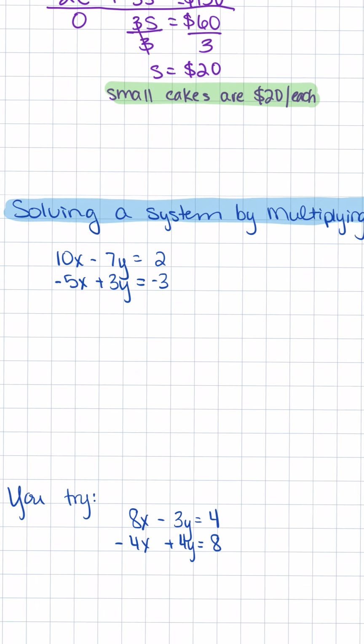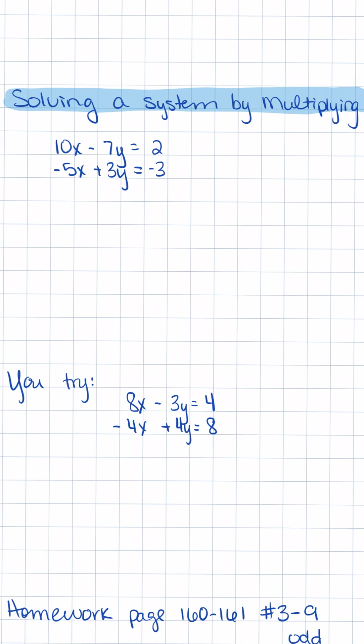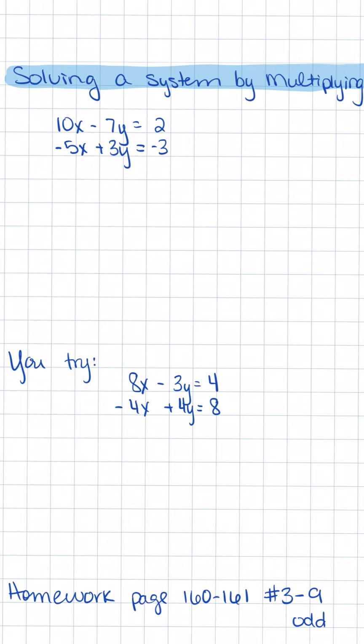Okay, so now let's look at solving a system by multiplying. So we have these 2 equations, and neither of the coefficients are equal, so it's going to be hard to eliminate them.